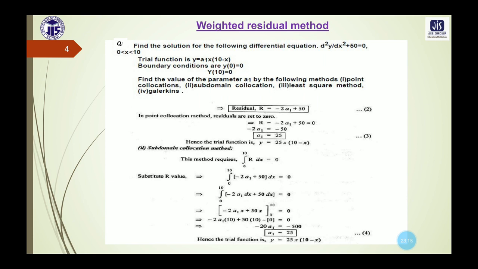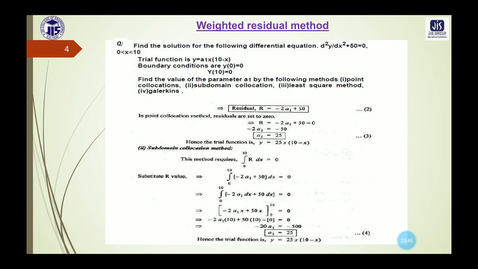Now if we do the second order differentiation, 10a1 is constant and it will be 0 with respect to x, and the second part, minus 2a1x, when differentiated with respect to x, will be minus 2a1.